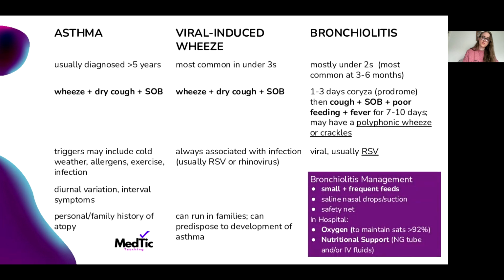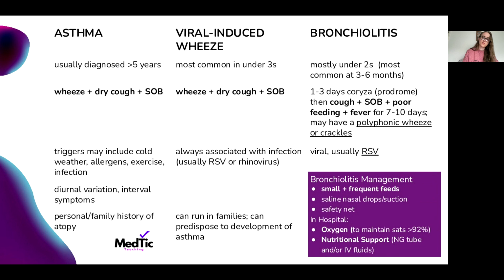So on this slide, I've just summarised the differences between asthma, viral-induced wheeze, and bronchiolitis. There's quite a lot of overlap both in the pathophysiology and the presentation. So bronchiolitis is the smaller children. It's got a cough, poor feeding, and it lasts up to 10 days, and it's usually caused specifically by the RSV virus, which in adults would just cause cold-like symptoms.